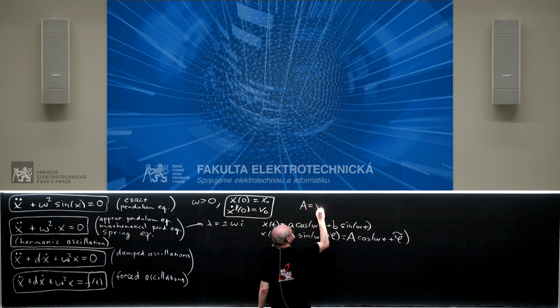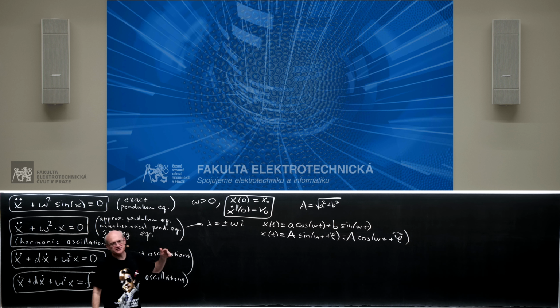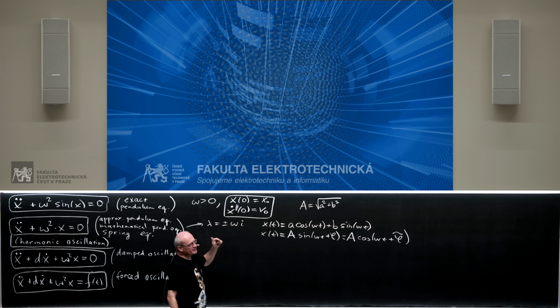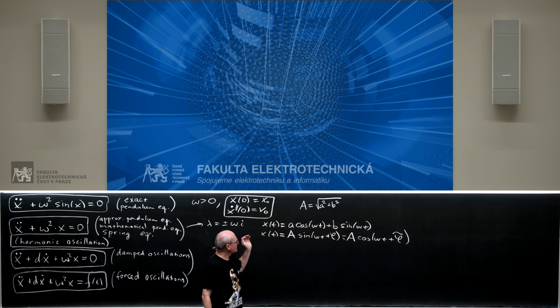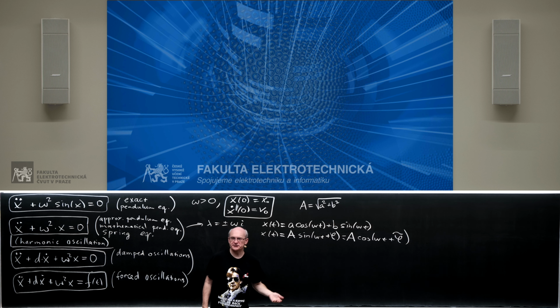The amplitude is actually just the square root of a squared plus b squared, for instance. So this can be done, not a big problem. This is extremely useful for people in electrical engineering because when they work with electrical circuits, this is what they really like to use. So the solutions are just sine waves or cosine waves, a very simple, straightforward situation.